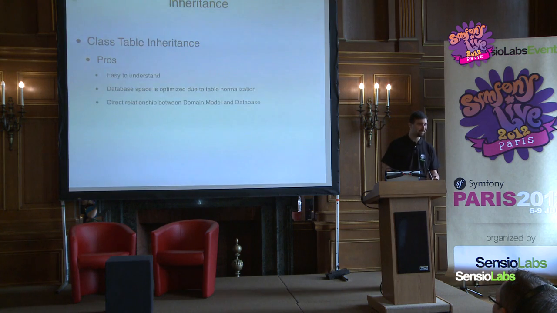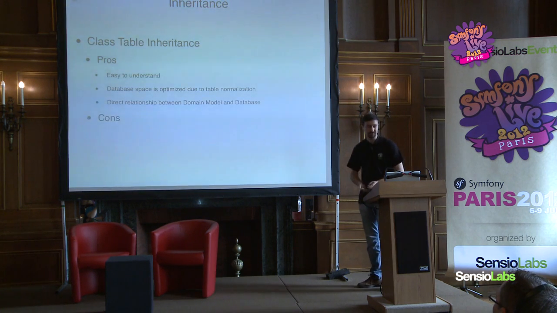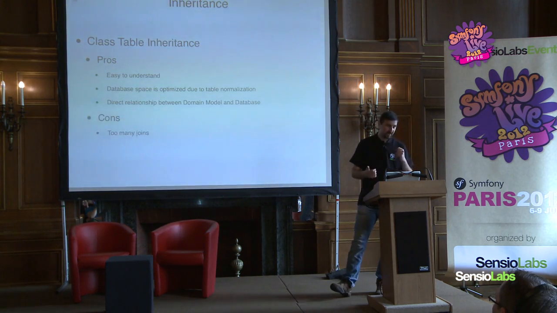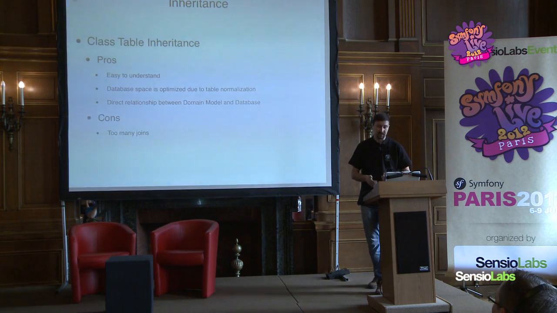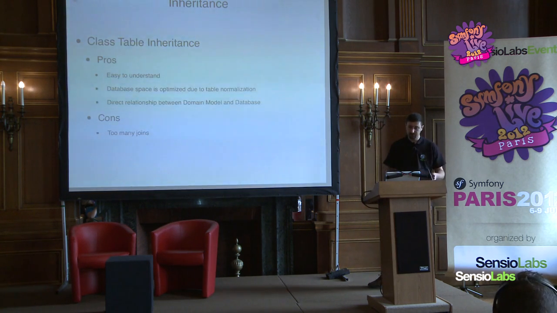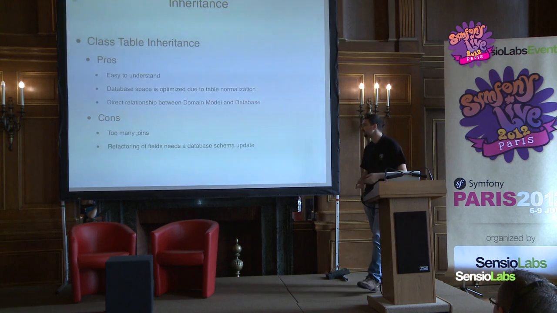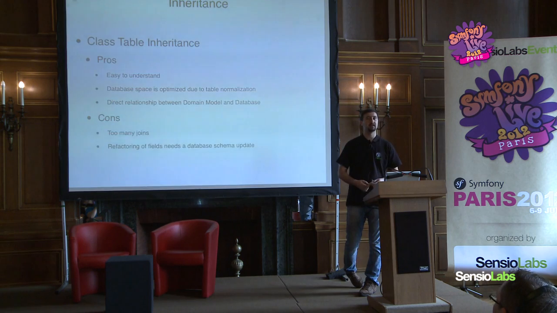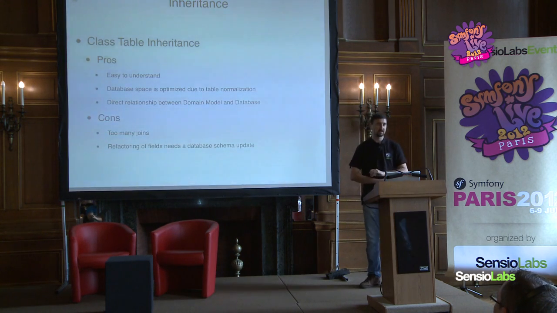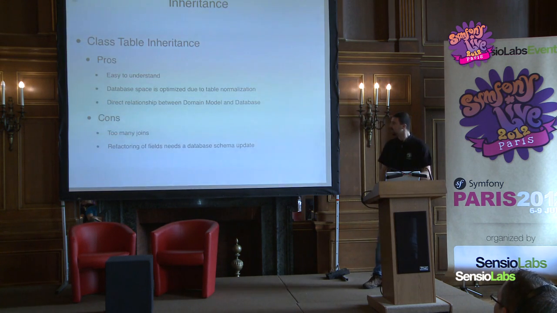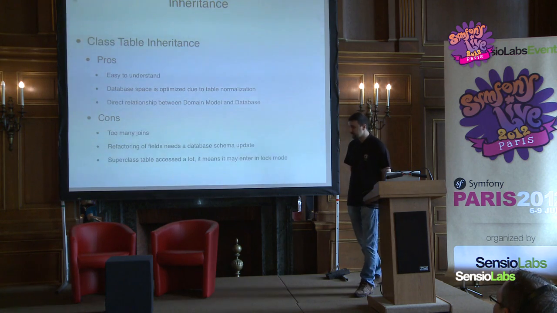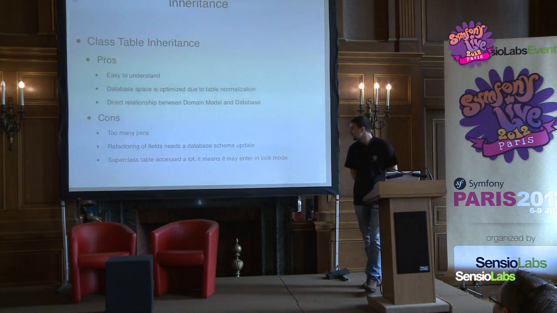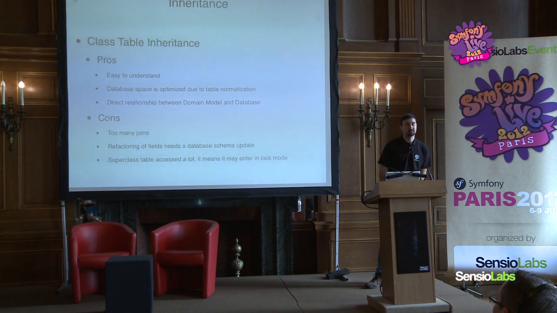You may also have cons. The cons mean you have too many joins, and trying to refactor any fields implies a database update, like 100% of the time. And if this superclass is accessed a lot, it may enter lock mode.